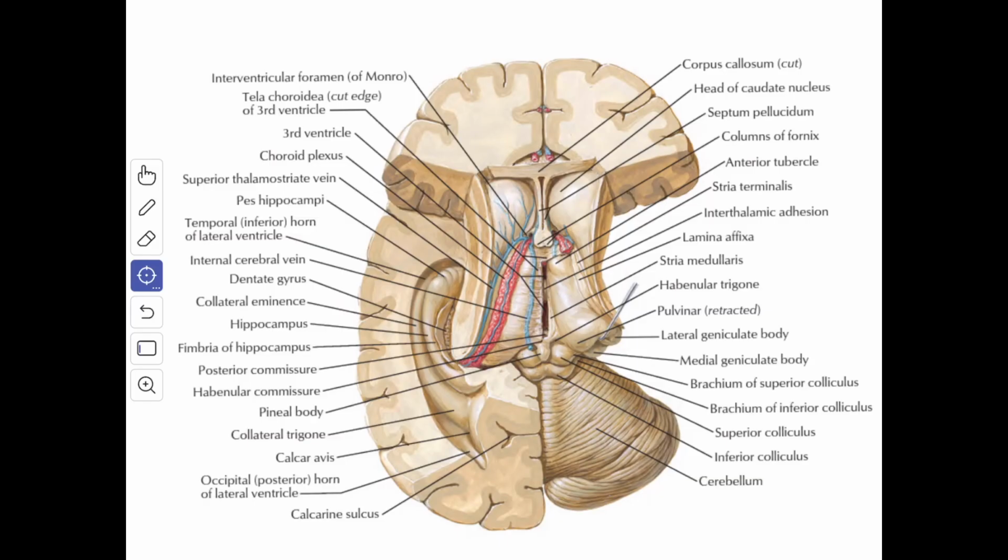Here you can see the thalamus of both sides, the left thalamus and the right thalamus. The thalamus has two ends, an anterior end and a posterior end. The anterior end is narrow and constitutes the tubercle of the thalamus, and it forms the posterior boundary of the interventricular foramen.